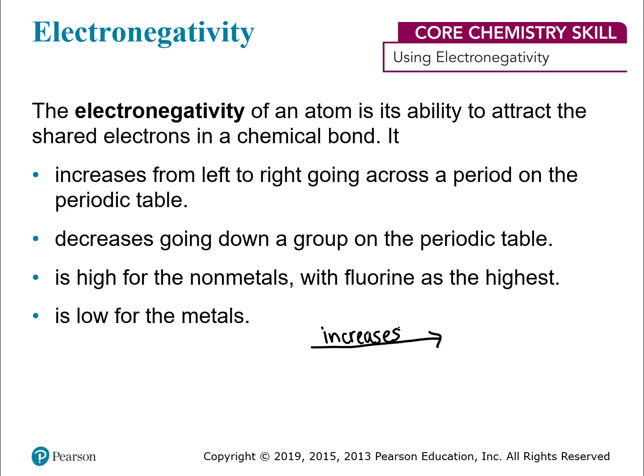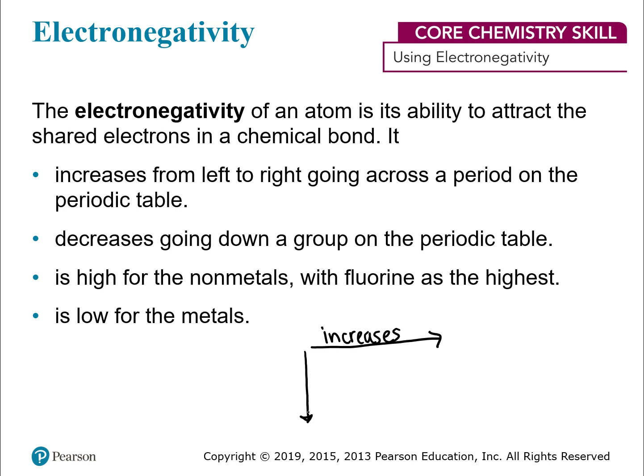And you may want to add this to your periodic trends periodic table. If you did that like I suggested you do for chapter 5, you're going to want to add the trend for electronegativity for completion. So as you go from left to right across a period, it increases.